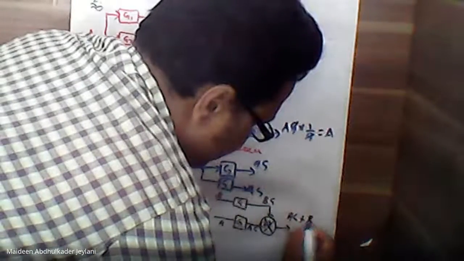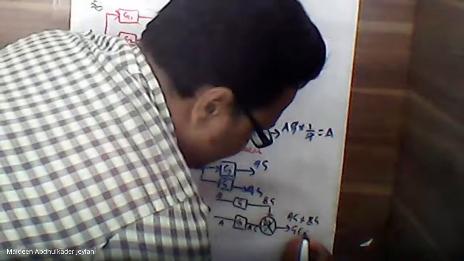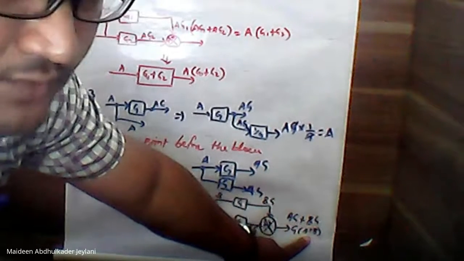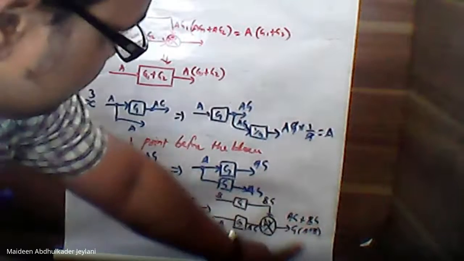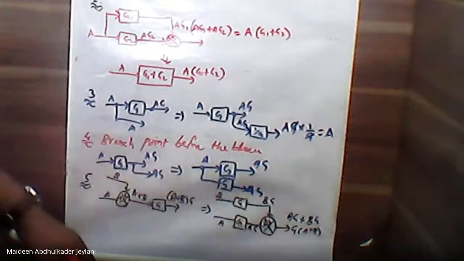G is common here, so I'll take it outside: G into A plus B. Now check the response of both. Here I have A plus B into G, and I will get the same response from this block, G into A plus B. So without changing the output, you can modify the block. For changing the block without changes in output, we need to see how we can modify and include the system gain.